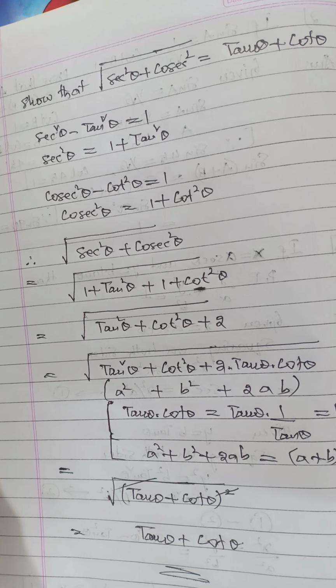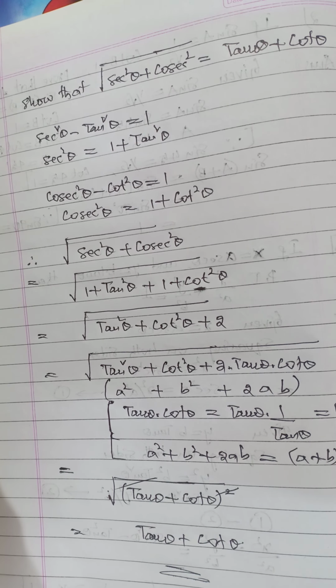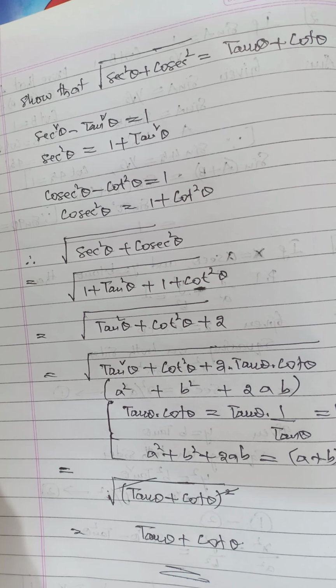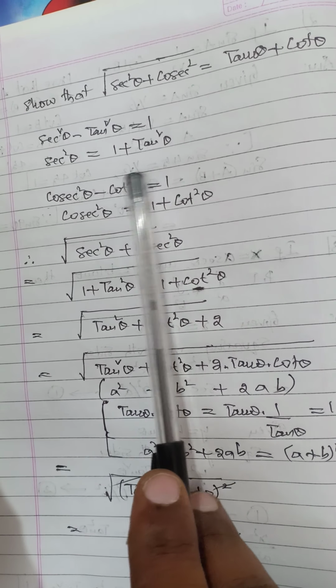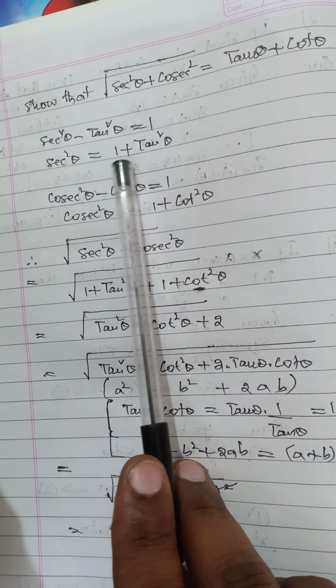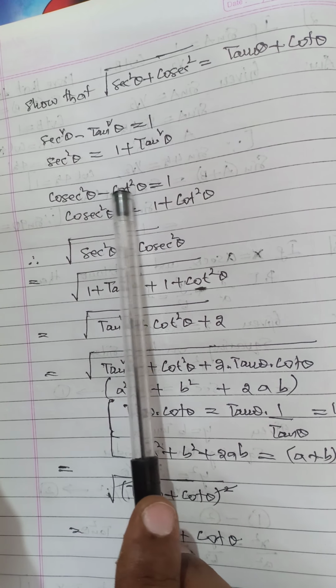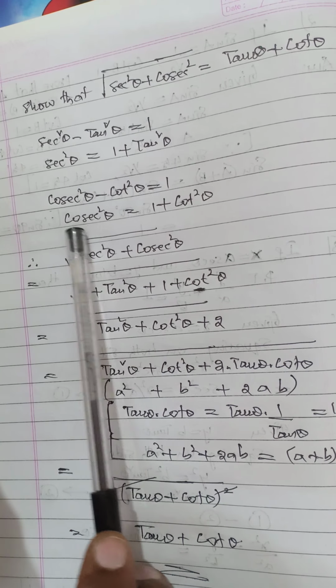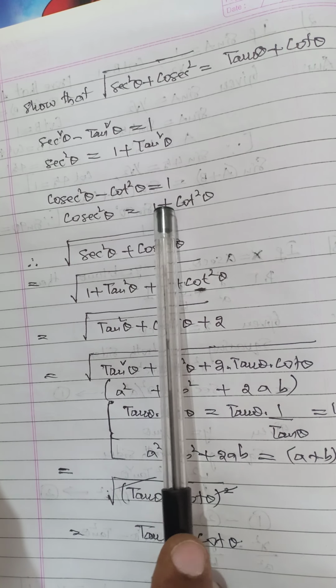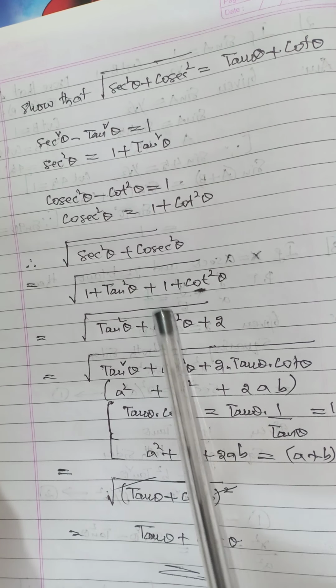From this, if minus tan square theta is transferred to that side, it will become plus tan square theta. That means secant square theta can be written as 1 plus tan square theta. And similarly, cosecant square theta minus cot square theta is equal to 1. From this, cosecant square theta can be written as 1 plus cot square theta.